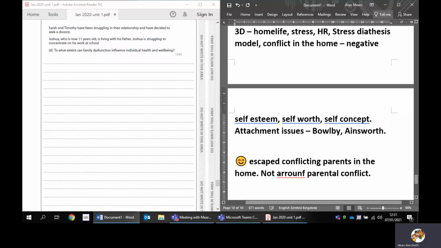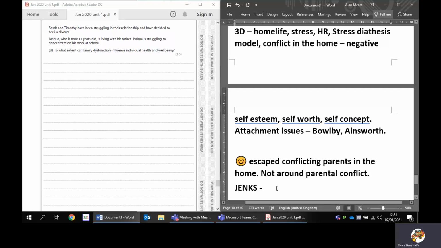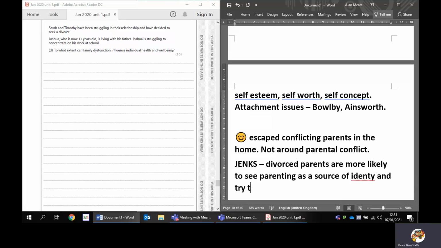It's sociology, not health, but when I teach that to my sociology class, we talk about a theorist called Jenks, who says that divorced parents are more likely to see parenting as a source of identity and try to be better parents.